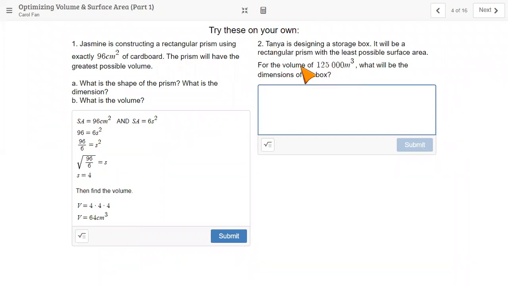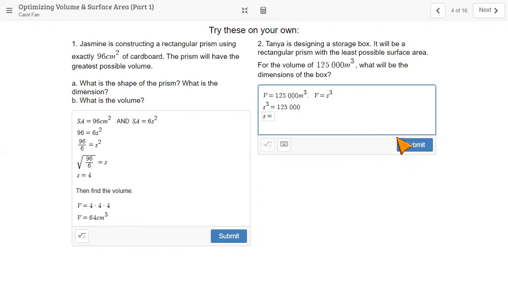The second question, we're given the volume. We know that the volume is equal to 125,000 meters cubed, but we also know that the volume of a cube is going to be side cubed. So I can equate these two. I have s cubed is equal to 125,000.